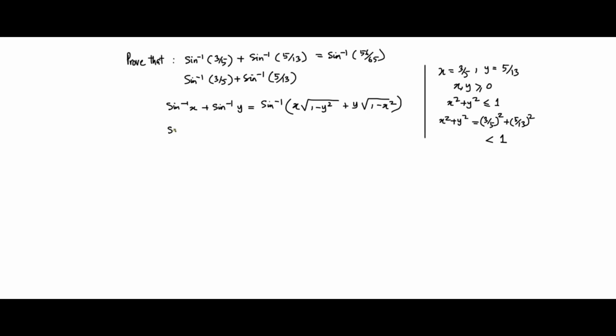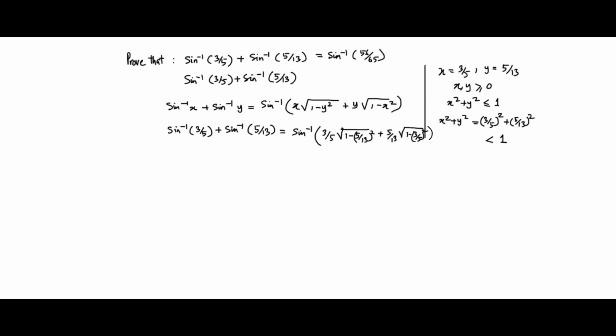Left-hand side: sine inverse of 3 over 5 plus sine inverse of 5 over 13 is equal to sine inverse of 3 over 5 times square root of 1 minus y square, where y is 5 over 13 whole square, plus y, which is 5 over 13, times square root of 1 minus x square, where x is 3 over 5 the whole square, close the bracket.